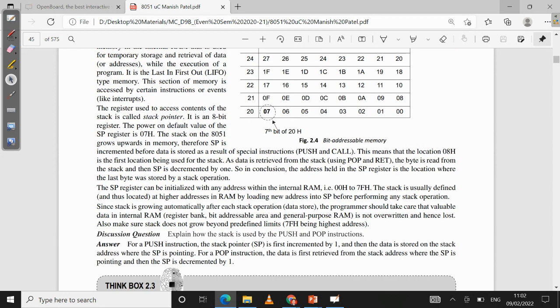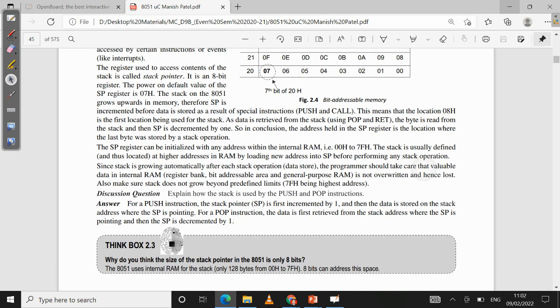Now, even I have told you about the stack pointer, how do you put the value into the stack pointer, by using either push or call. So it is written here. How do you push the value into the stack? By using push or call.